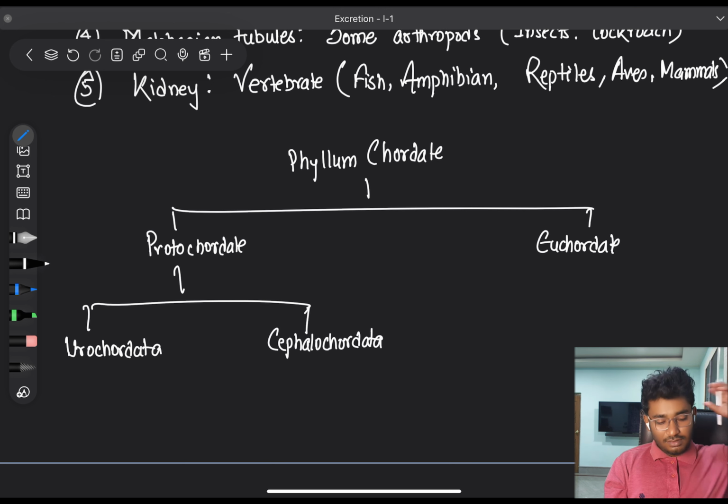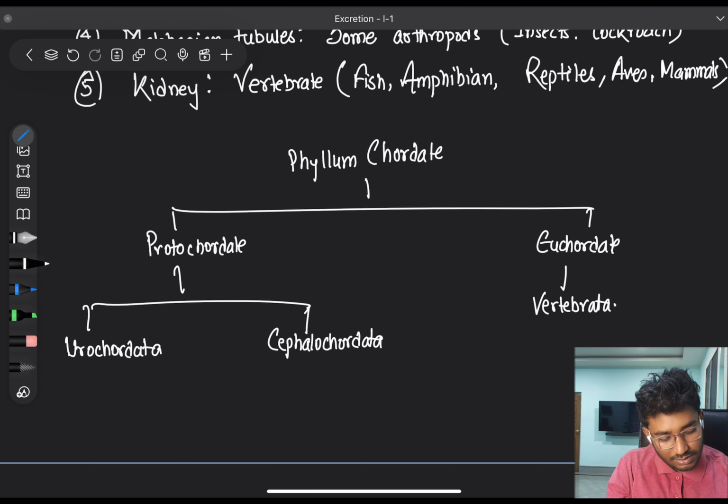Euchordates have only one subphylum, that is Vertebrata.